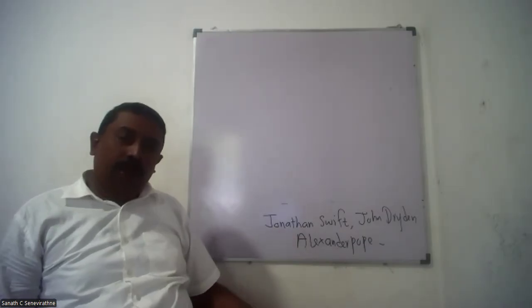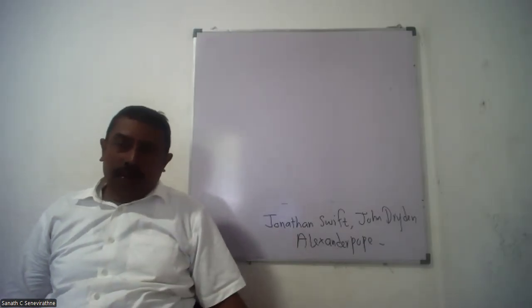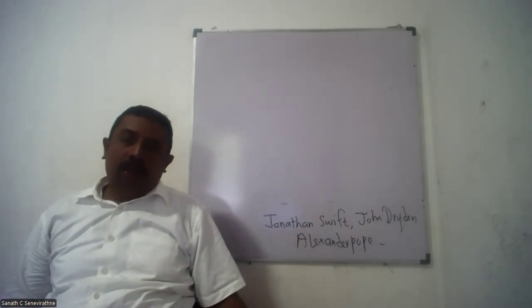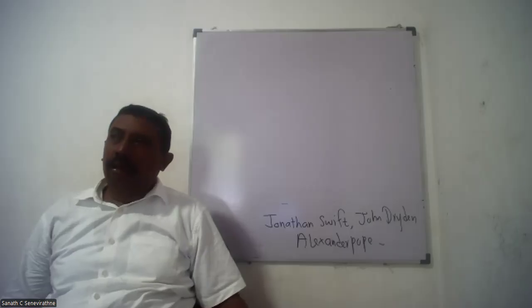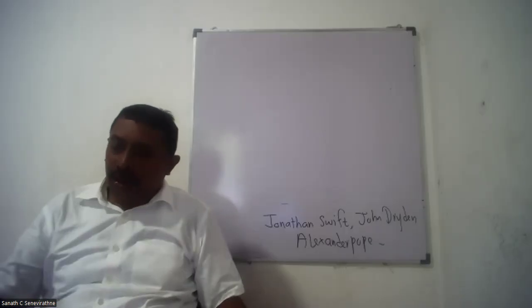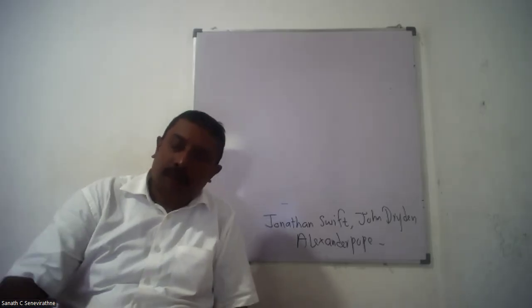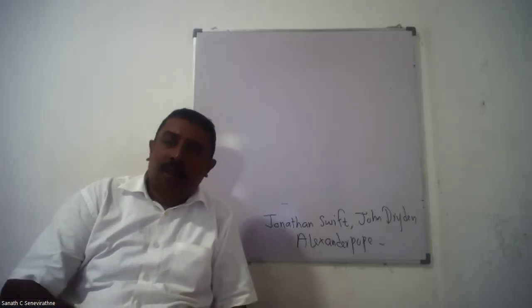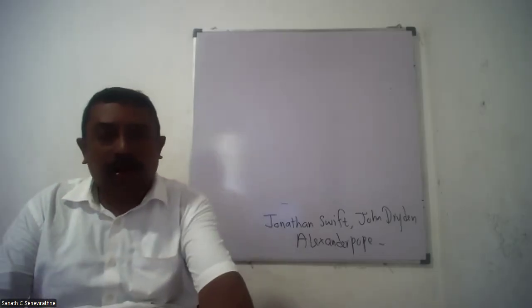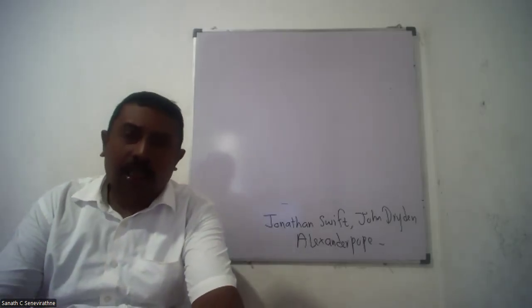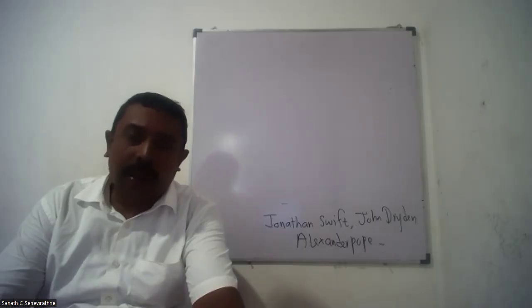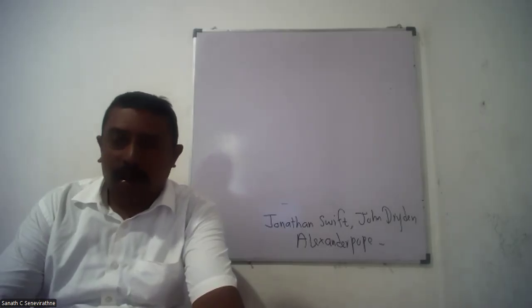Jonathan Swift, John Dryden, Alexander Pope are the other leading Augustan writers in England. All right.